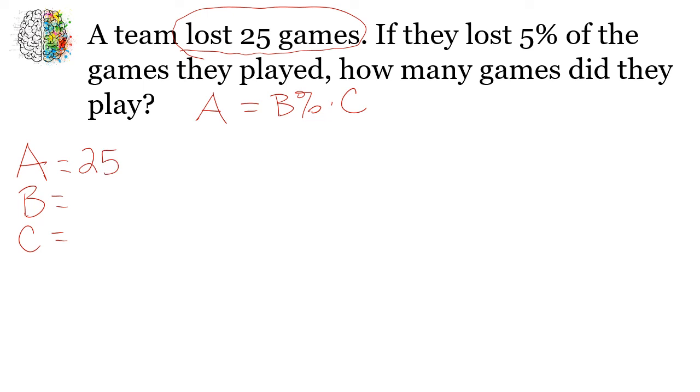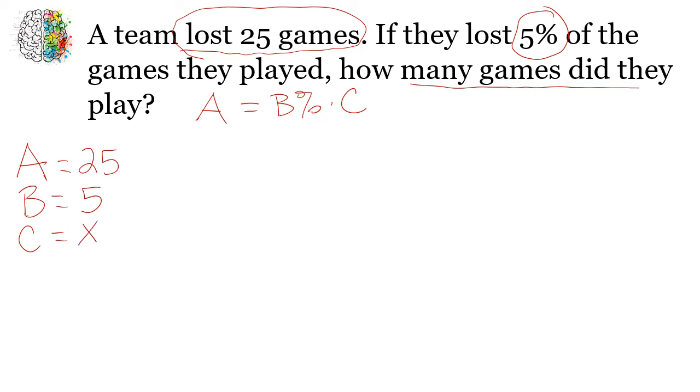A portion of the total of games that they played are the number of games that they lost. Then it says if they lost 5%, that tells me that B is going to be 5. And then it says how many games did they play? So that tells me C is going to be my unknown.